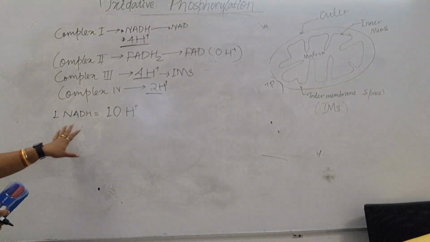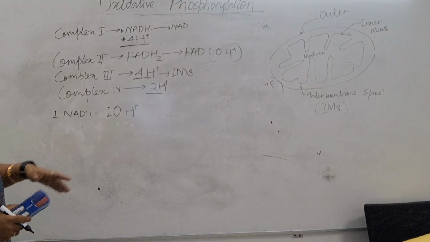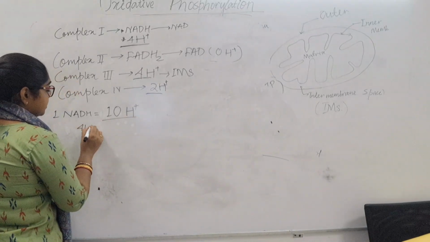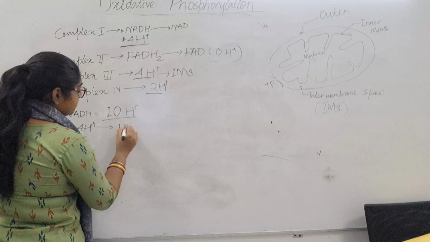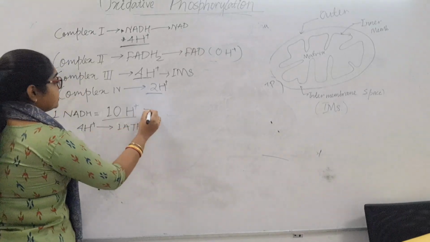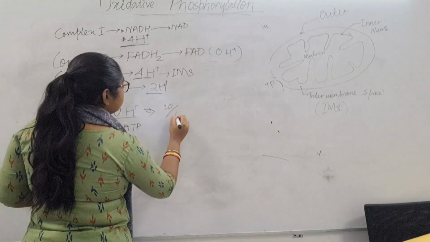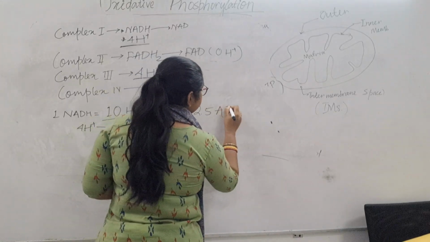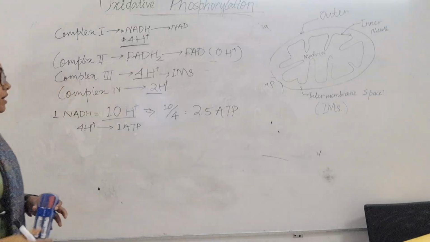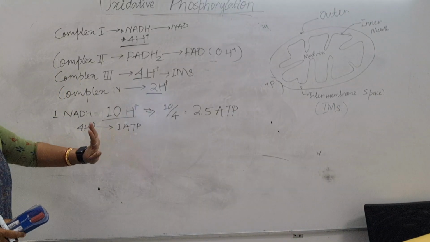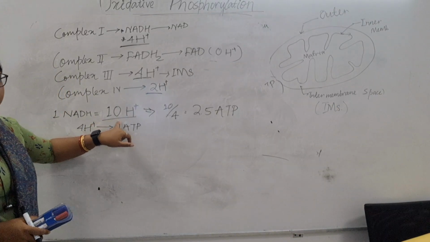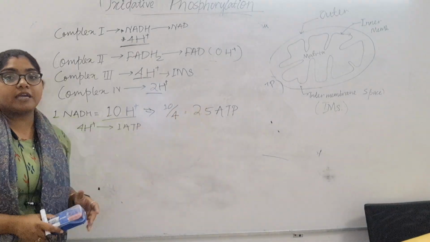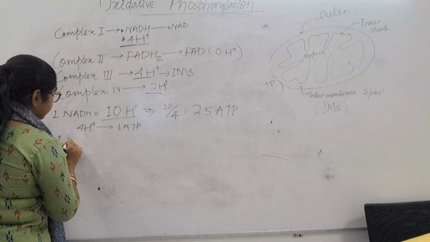When there are 10 protons, and 4 protons make 1 ATP, one NADH will make 10 by 4, approximately 2.5 ATP.